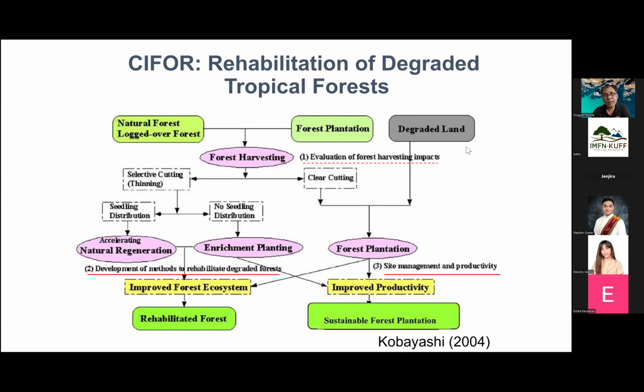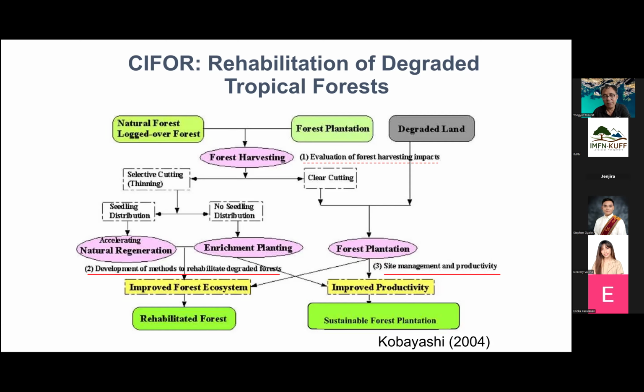But on the other hand, for the rehabilitation of forest plantation and degraded forest, we do clear cutting. It means that we don't have mother trees or a seedling bank in the target area. So we have to bring seedlings from outside, from the nursery, and do the plantation.